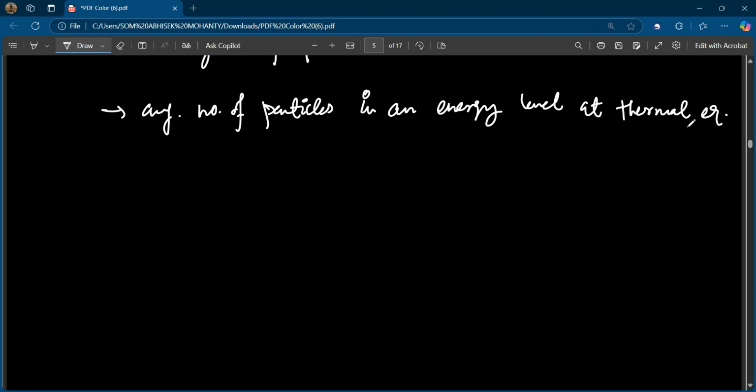So what is the statement? The statement is: at thermal equilibrium, the average number of particles in an energy level having degeneracy Gi will be given by Ni proportional to Gi e to the power minus beta Ei.